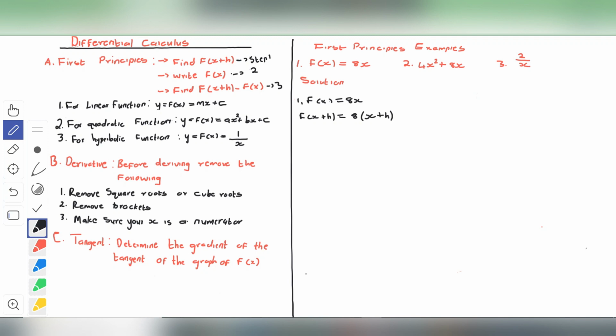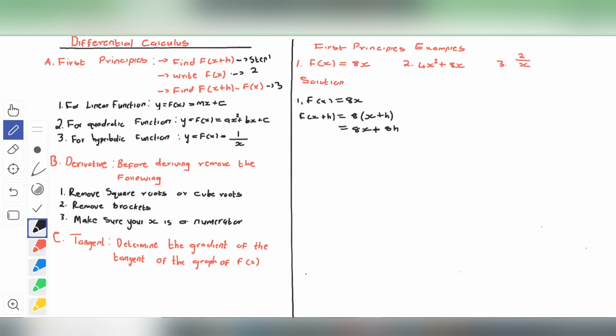So wherever you see x, guys, always replace it with x plus h. Therefore we're going to simplify, and the value that we're going to get is going to be 8x plus 8h, right?